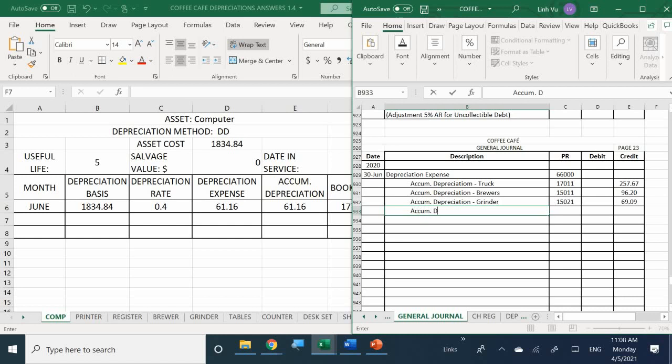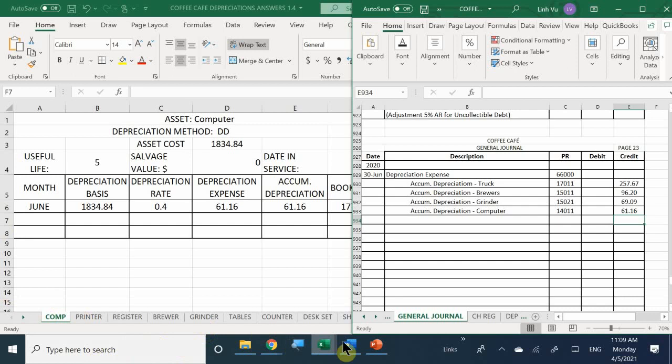Accumulated depreciation for the computer, which should be account number 14011. Okay, and it's for the 6116.